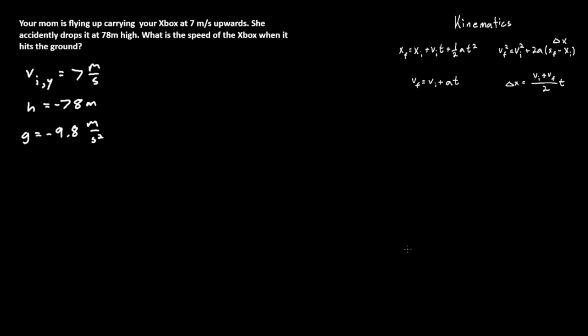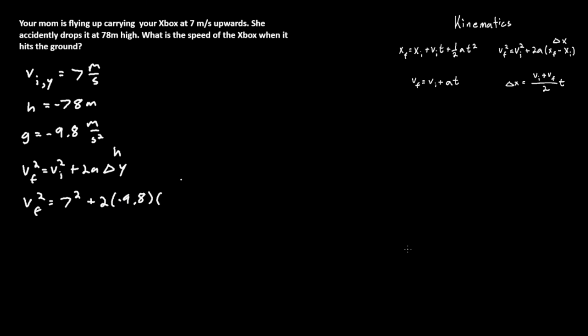Okay, so let's go ahead and use that equation. Final velocity squared is equal to initial velocity squared plus 2 times acceleration times delta y, or h. So if we plug in all our values, initial velocity is 7, so 7 squared, plus 2 times negative 9.8. That matters.